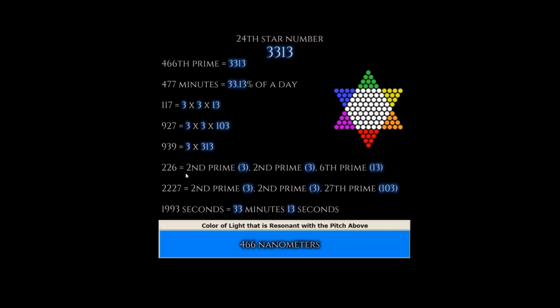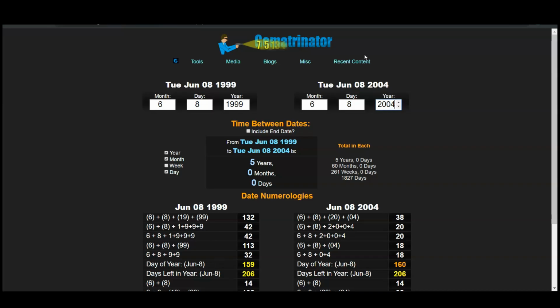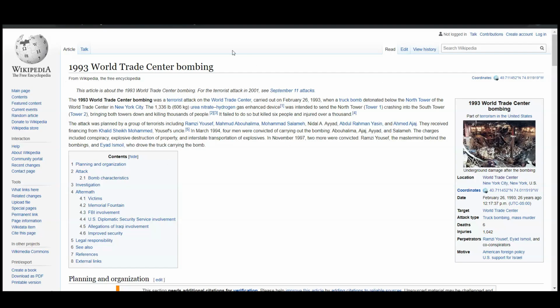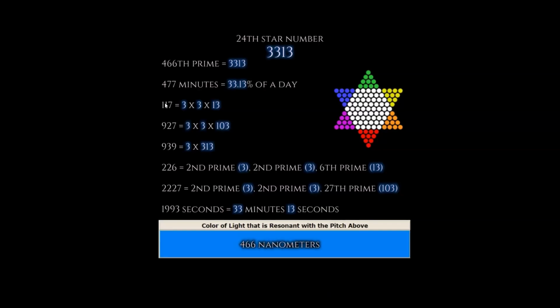And I don't know if you remember this date, but 2/26/1993. That was the date of the first World Trade Center bombing, 2/26/1993. So they double encoded this 24th star number into that bombing ritual at the World Trade Center.